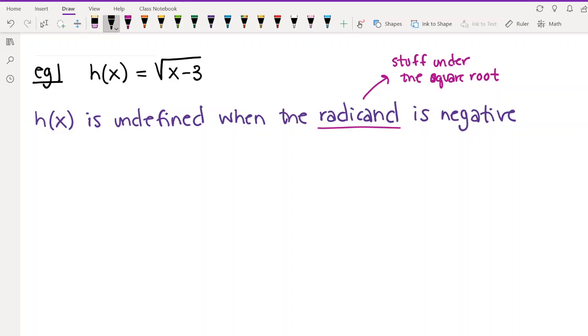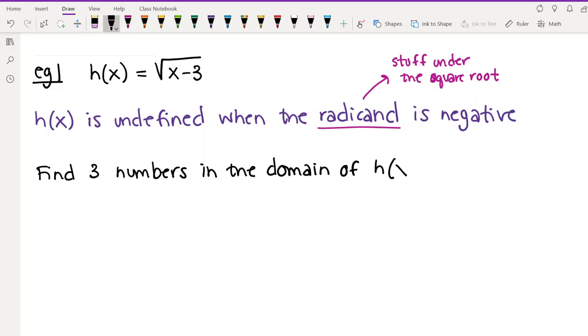So what I want to do, as I just said, is first start by finding 3 numbers that are in the domain of this function. So basically 3 numbers that you can plug into this function.